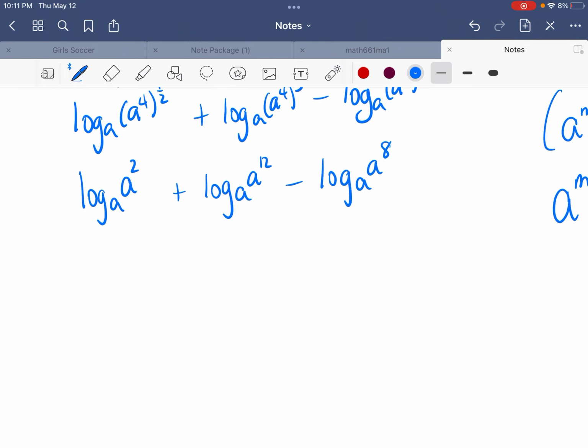And from here, we're going to get 2 times 1 plus 12 times 1 minus 8 times 1, just bringing down those exponents.